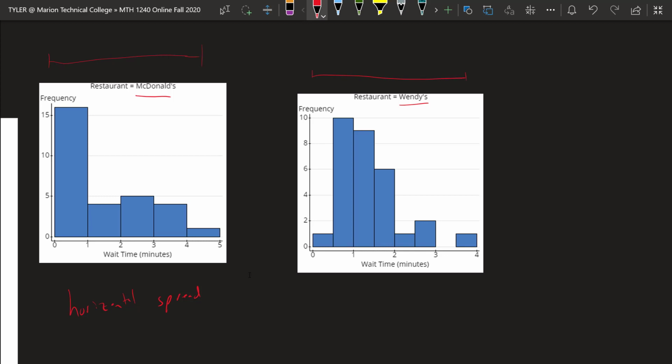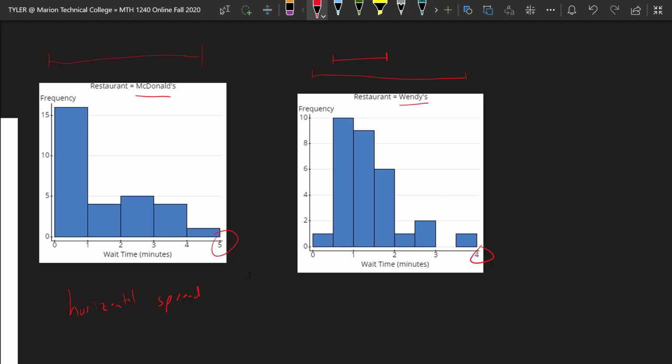Also notice the scales are different, right? So this goes up to 5, where this only goes up to 4, right? But a bulk of my data is closer together here, where here it's a lot more spread out, with McDonald's.